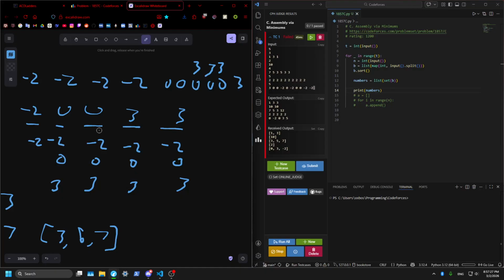Something's wrong with the formulation. Zero is this. This, 3 is this.